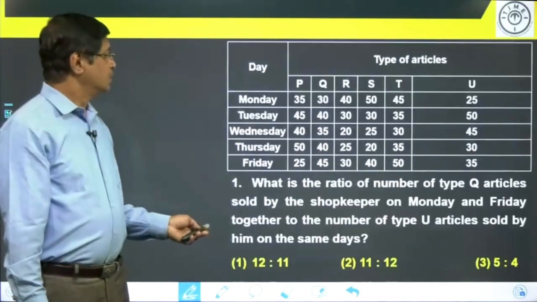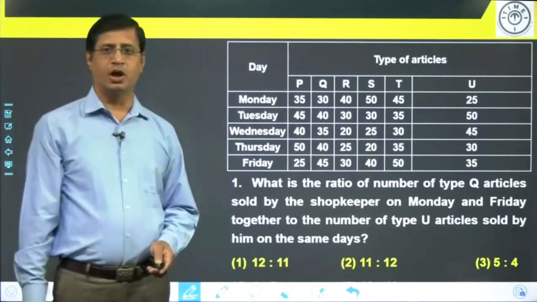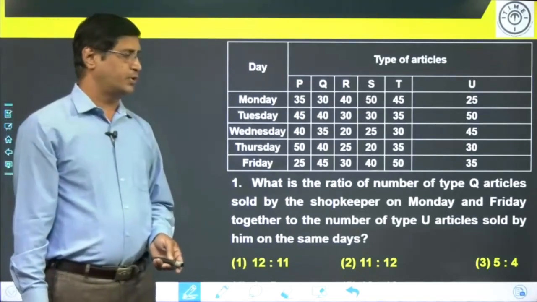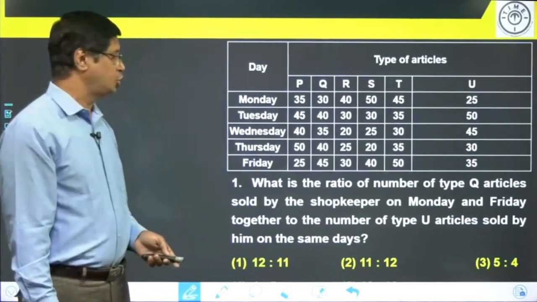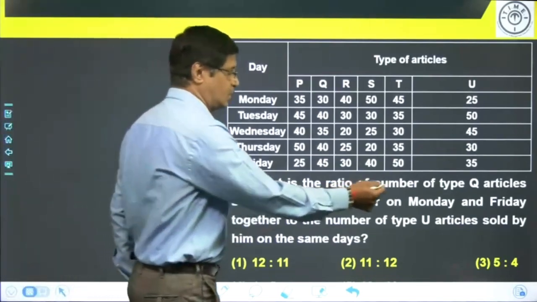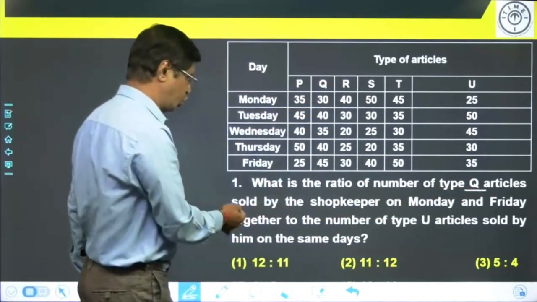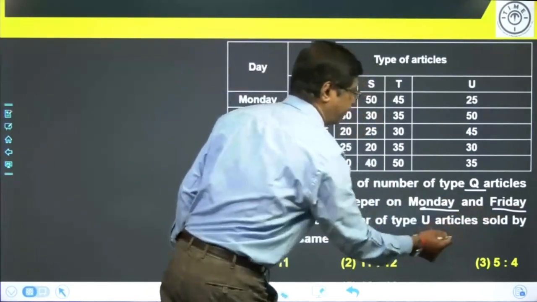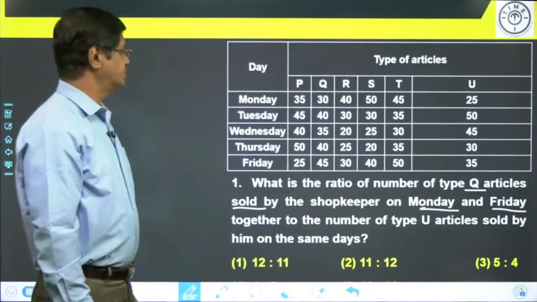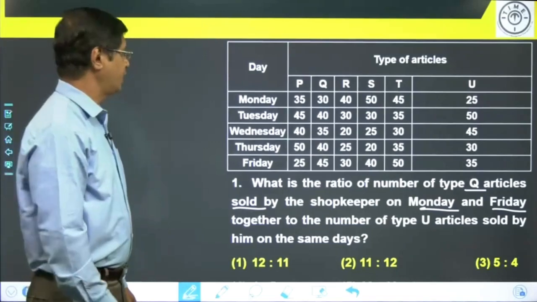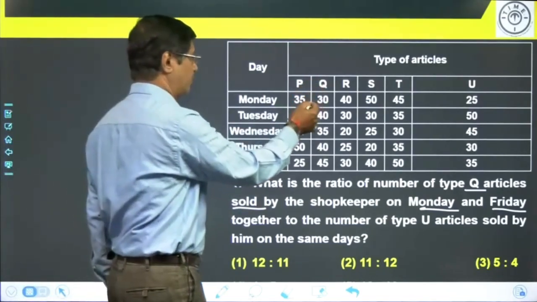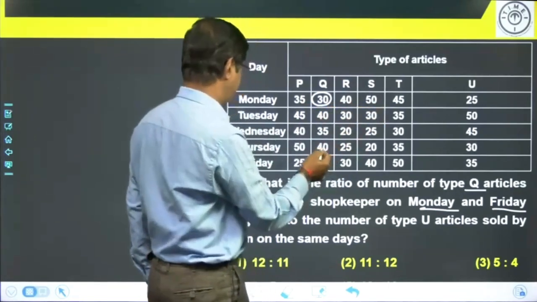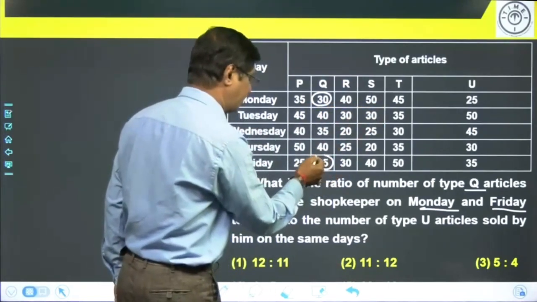Look at the first question on your screen. What is the ratio of the number of type Q articles sold by the shopkeeper on Monday and Friday? Q articles on Monday and Friday. For Q, Monday is 30 and Friday is 45.